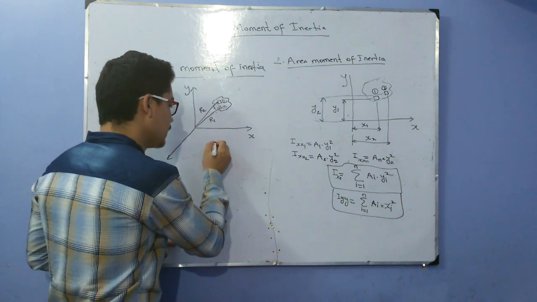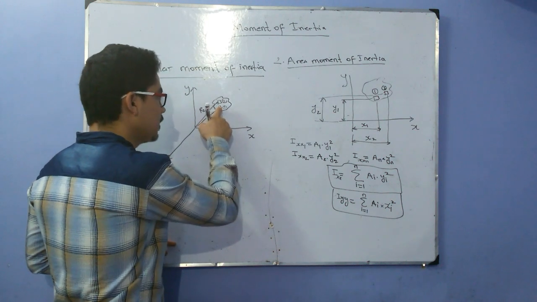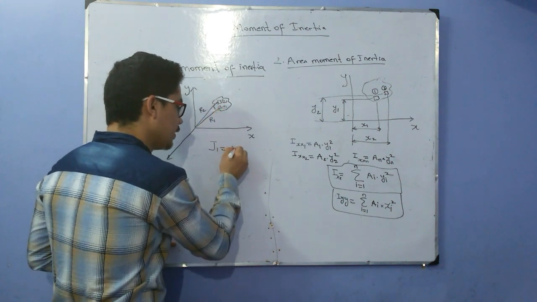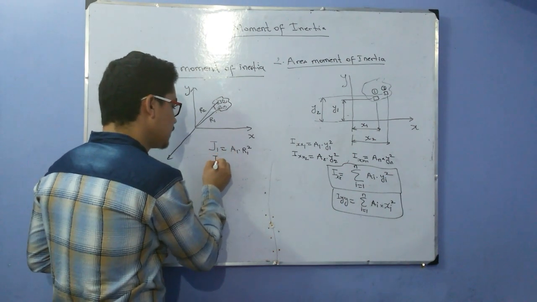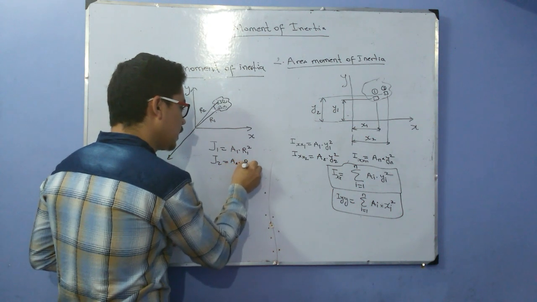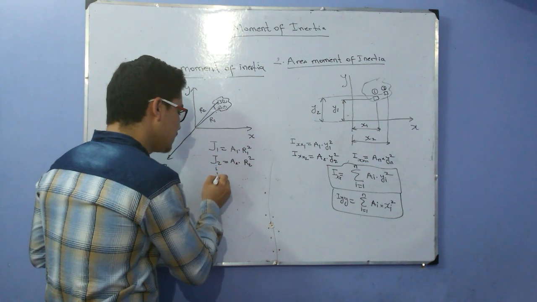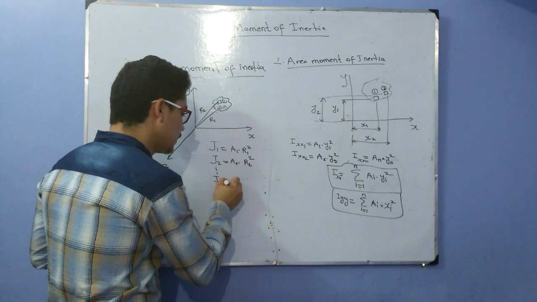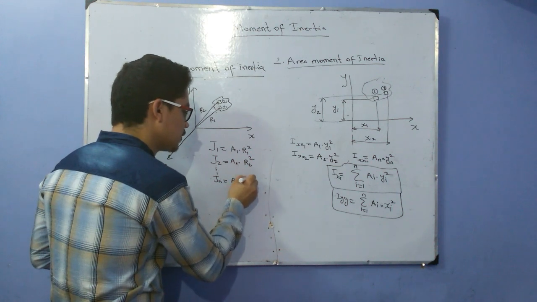Let me denote it by J. Now, J1 is equal to the area of the first part, A1 into r1 square, and J2 can be written as A2 into r2 square. Similarly, if I divide this one into n parts, I will have Jn is equal to An into rn square.